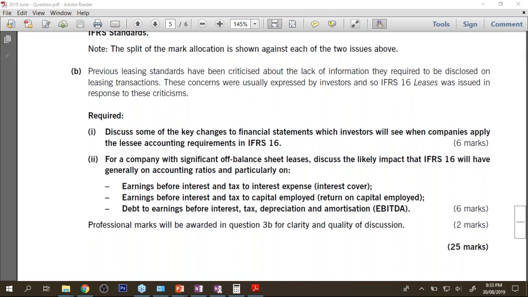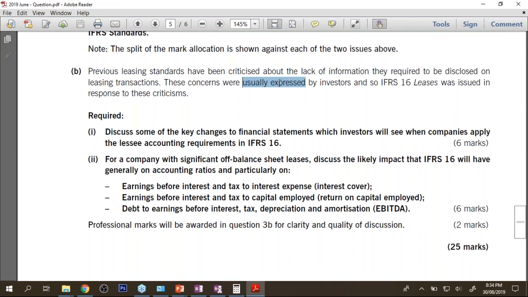Okay, so now we are starting to read the question, which actually says that previous lease standards have been criticized about the lack of information they require to be disclosed on leasing transactions.